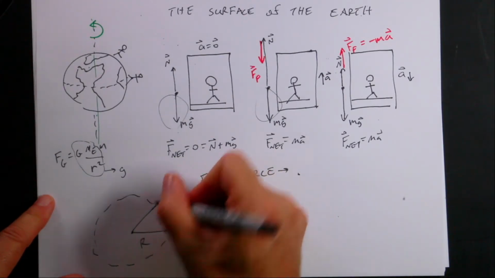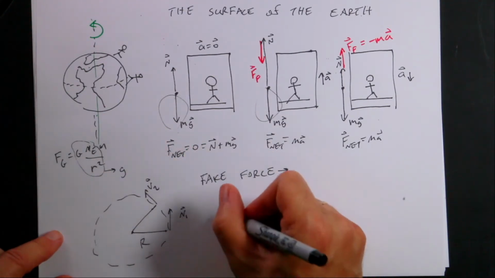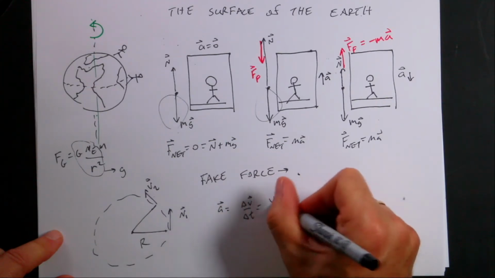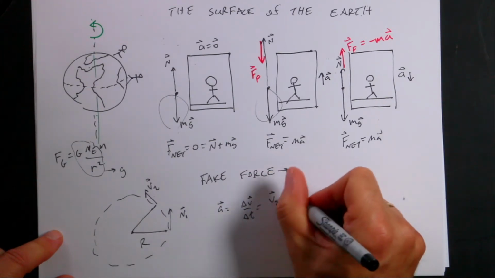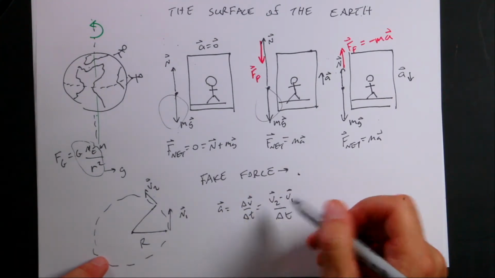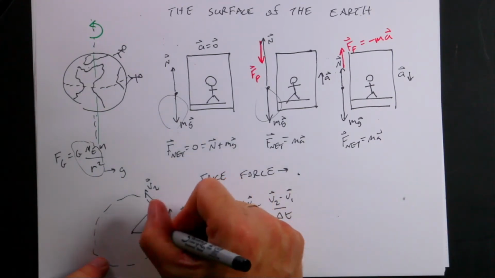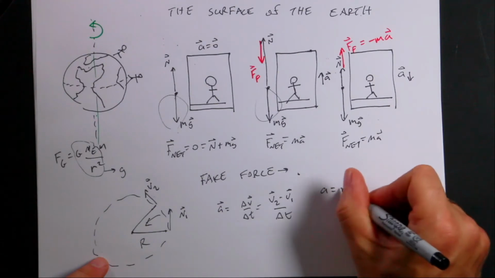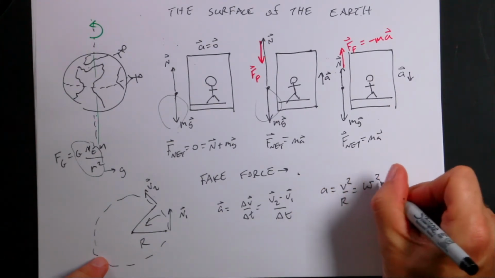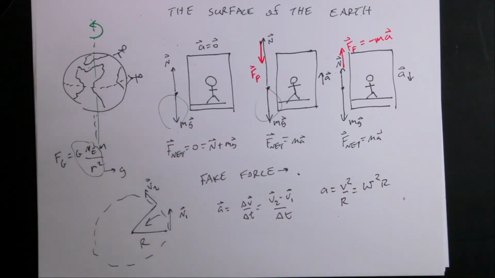A little bit later, it's right here, and it's moving that way with the velocity v2. Even if it's going at a constant speed, a equals delta v over delta t equals v2 minus v1 over delta t. So there is an acceleration just by turning. And it turns out that the direction of this acceleration is towards the center of the circle, and the magnitude is equal to v squared over r, which is also equal to omega squared times r, where omega is the angular velocity. And we're going to use the angular velocity because we have the Earth right there.